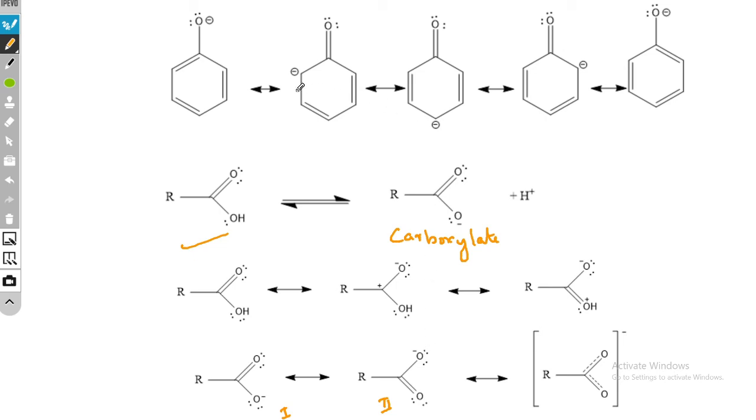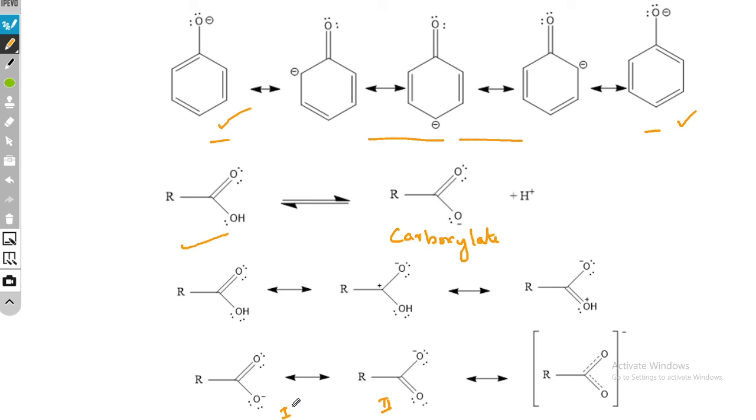But if you see the resonating structures of phenoxide, in only these two structures the negative charge is on oxygen. In the other structures the negative charge is on carbon. So these structures are not stable as compared to this structure, and they do not contribute equally to the resonance hybrid structure.